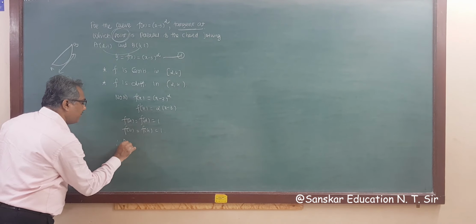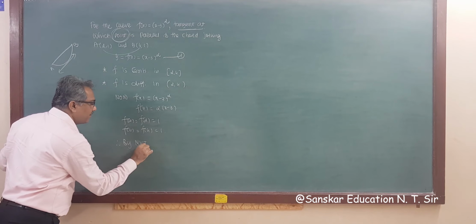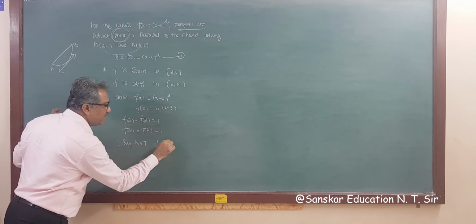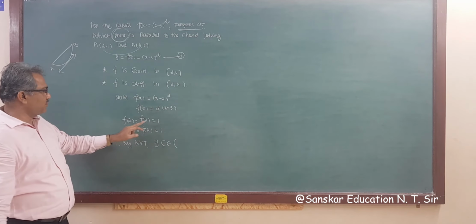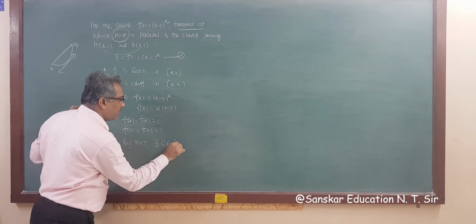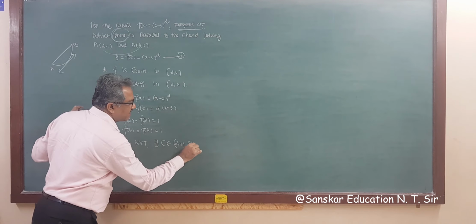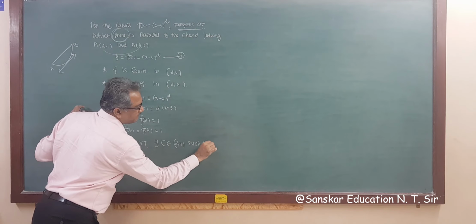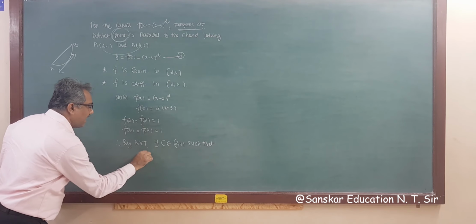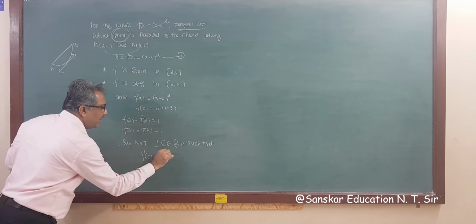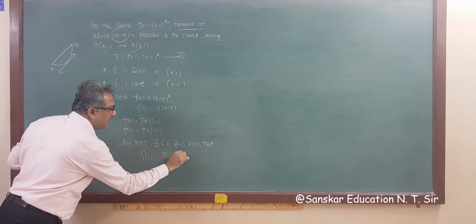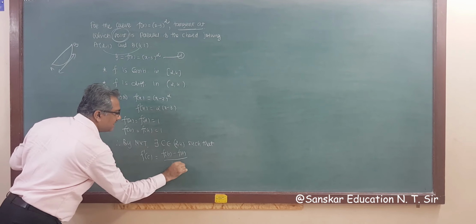Therefore by the mean value theorem there exists c belonging to the open interval 2, 4 such that f dash c is equal to (f(b) minus f(a)) upon (b minus a).